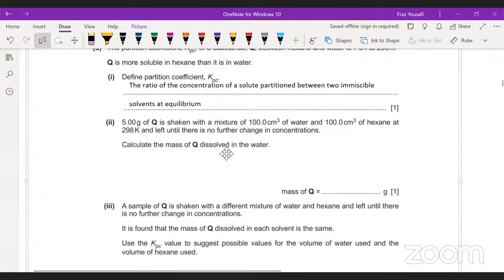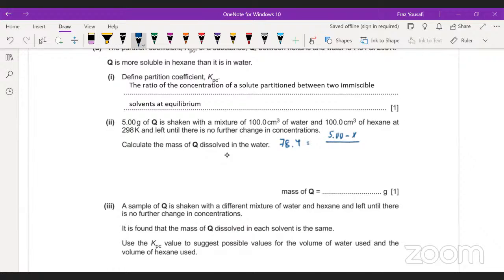The way that we would go about solving said expression would be this. We know that you started off with 5 grams that were present initially in water. So according to your KPC, which again is 7.84, you would take 5 minus X as the amount of solid that would be present in the organic solvent.